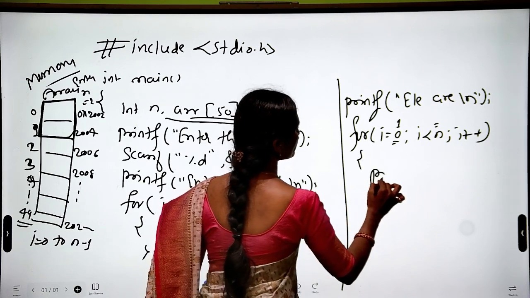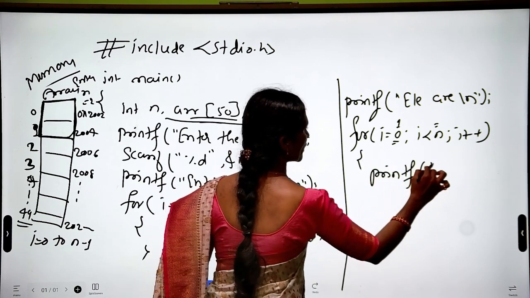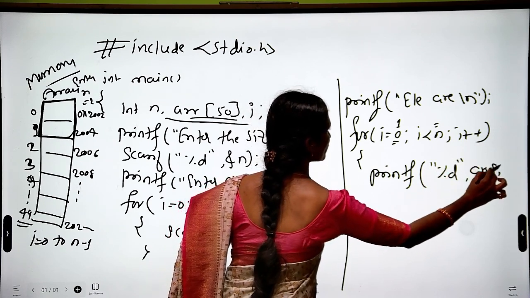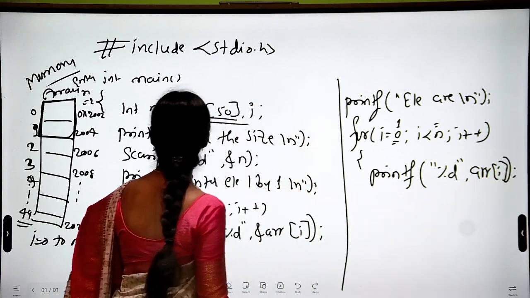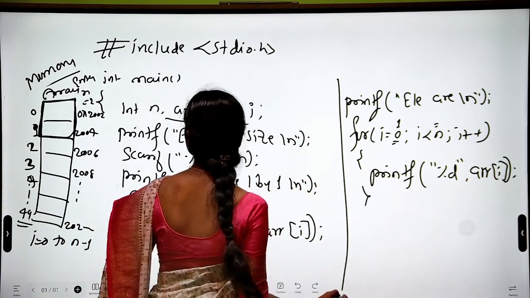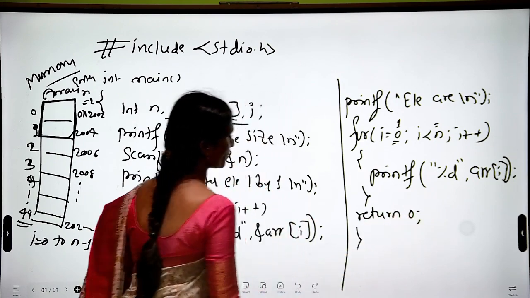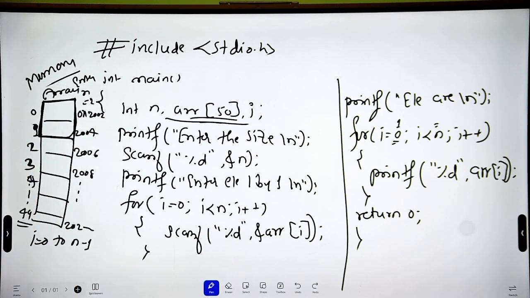Then printf the array elements, arr of i. Then as main is an integer function, you have to say return 0. This is a sample program to read the elements.